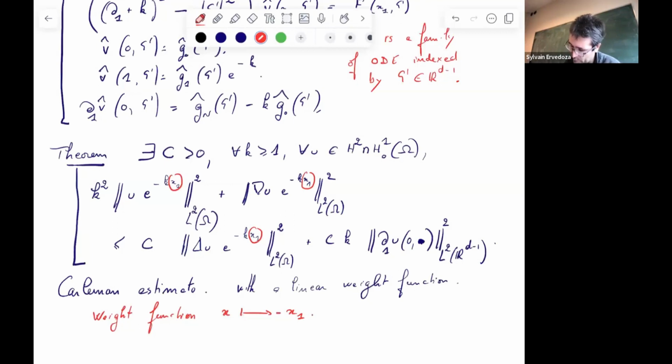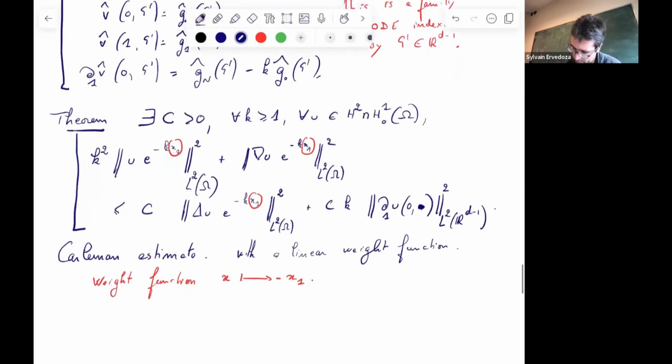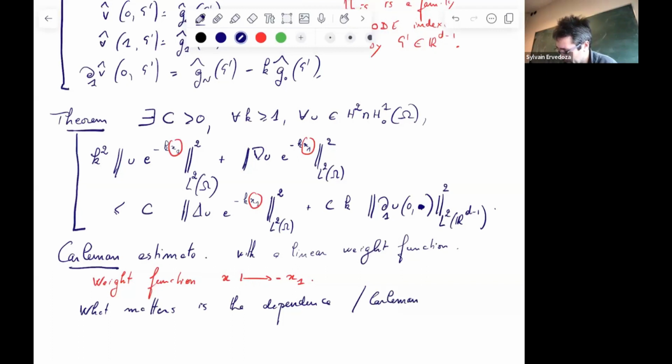And what matters, what is important in a Carleman estimate, is the dependence with respect to the Carleman parameter k. Okay, so you see here this constant C does not depend on k.